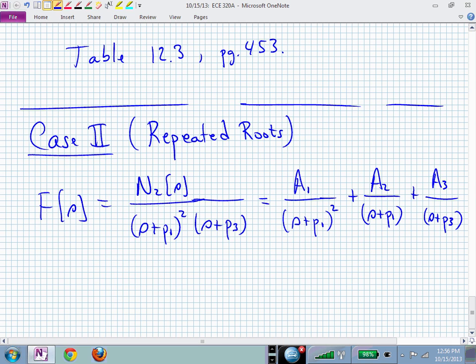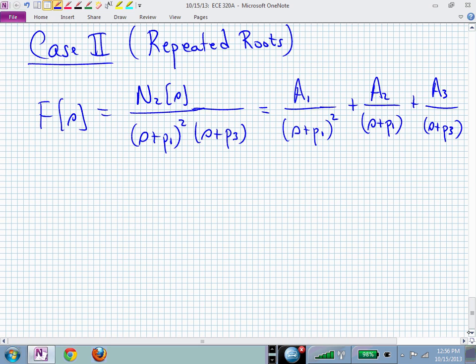Now the trick is to find those A's. And that's a little bit more challenging when you have repeated roots. A sub 3 is not much of a challenge, is it? That's associated with a distinct root. So you can find this using the case 1 approach.